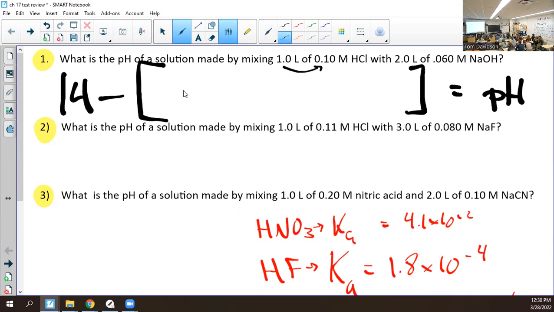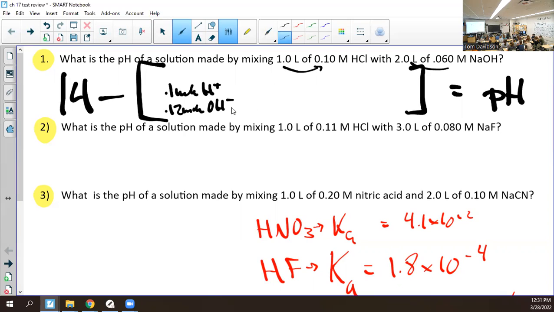1 times 0.1 means 0.1 mole of H plus, right? 2 times 0.06 means 0.12 mole OH minus. You should be able to read this immediately and know it's not going to be a buffer because it was a strong base and a strong acid.